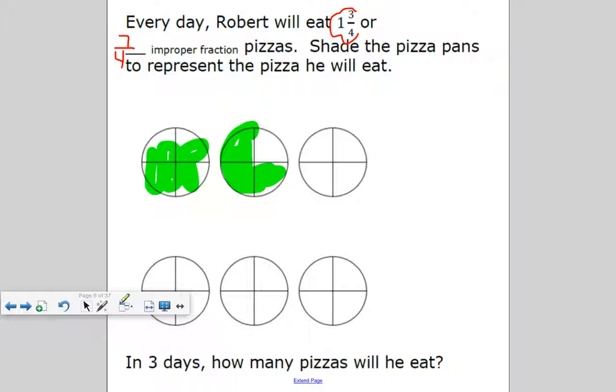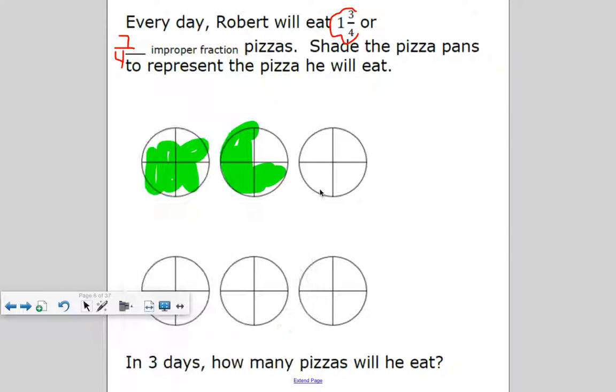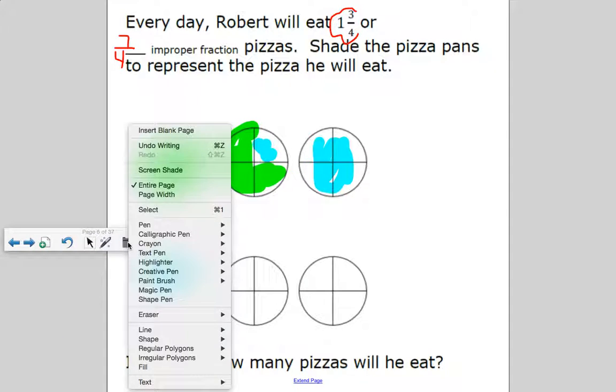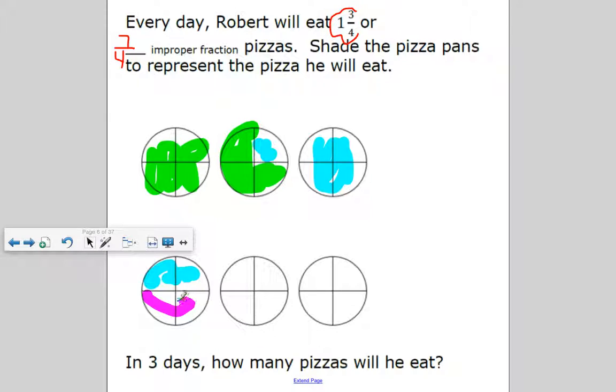In 3 days, how many pizzas will he eat? So using another highlighter, he eats 1/4, 2/4, 3/4, 4/4, 5/4, 6/4, 7/4. He eats this amount on the second day. Using my highlighter again, he eats 1/4, 2/4, 3/4, 4/4, 5/4, 6/4, 7/4.